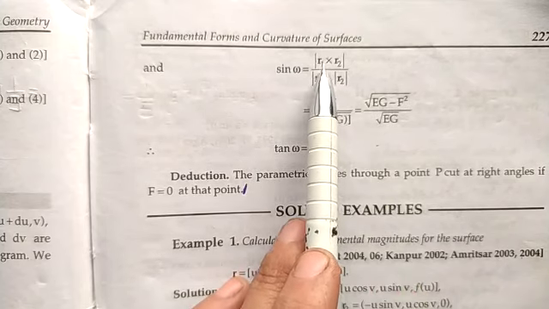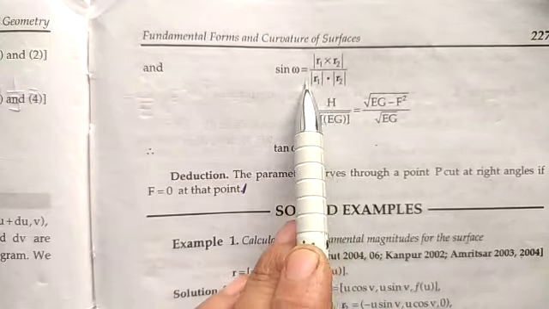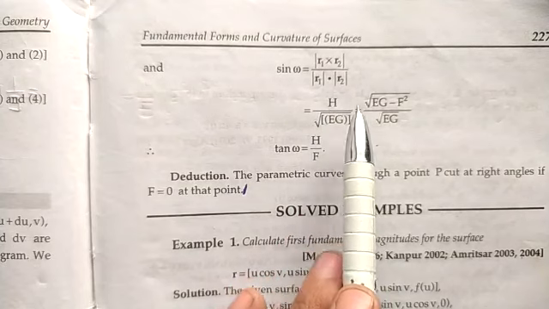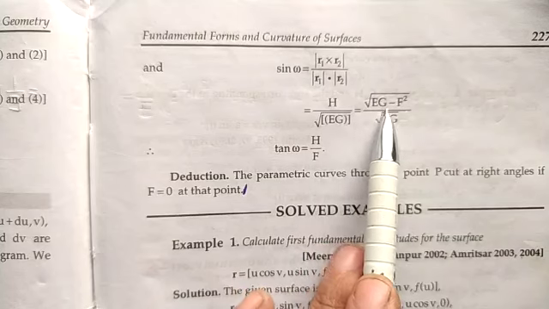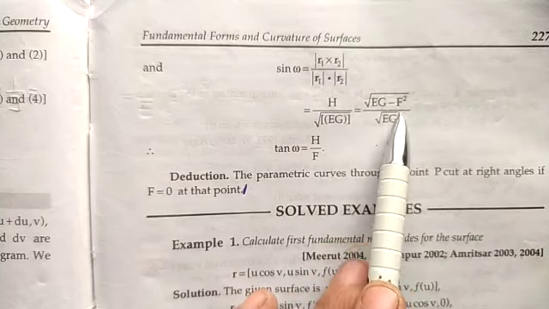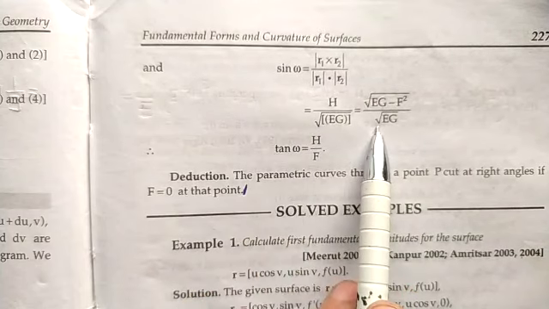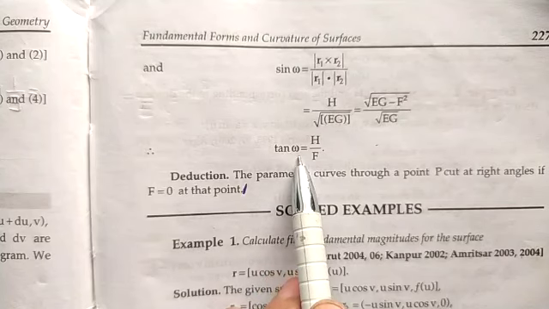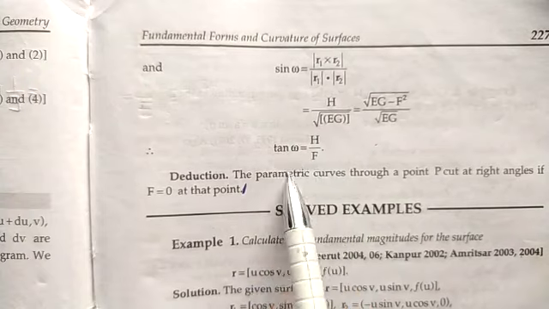Now the magnitude of r1 cross r2 is H, this is under root E, this is under root G. And by definition, H square is EG minus F square. So H will be under root of EG minus F square. Substituting the value here, we get sin omega. Now dividing sin omega by cos omega, we get tan omega, which is given by H upon F. So this is the angle between the parametric curves.